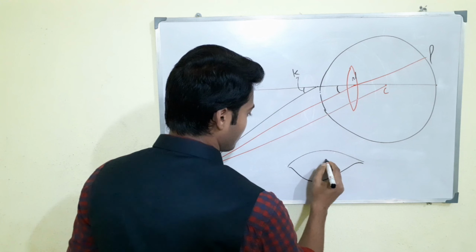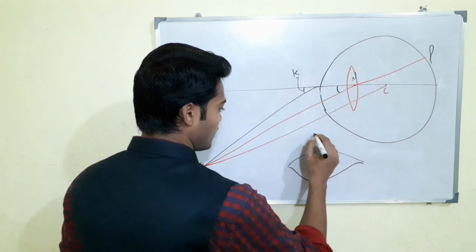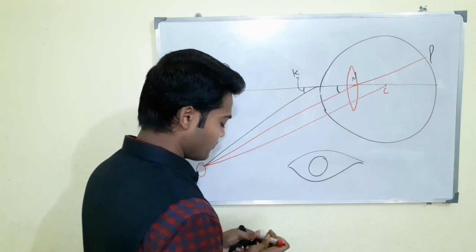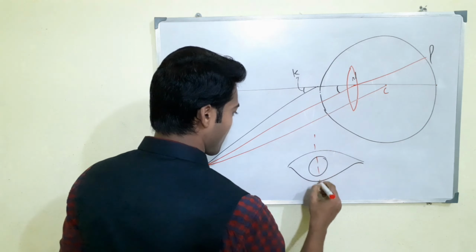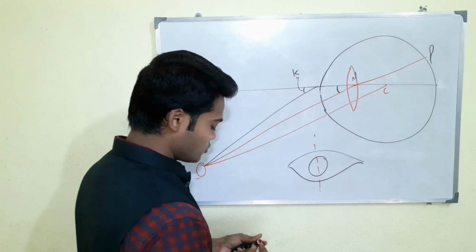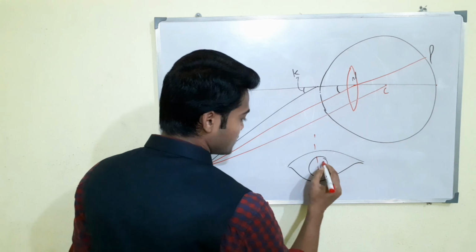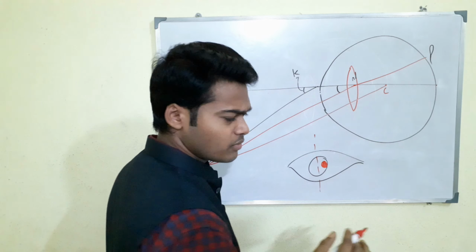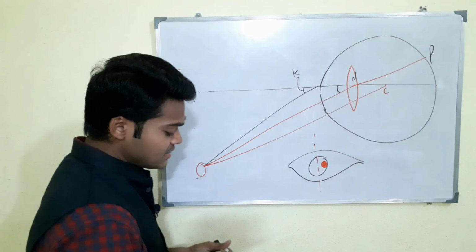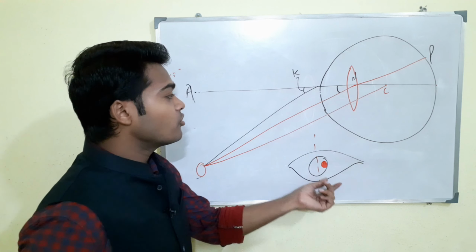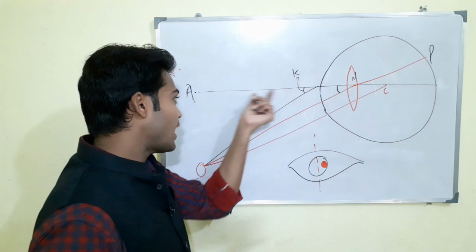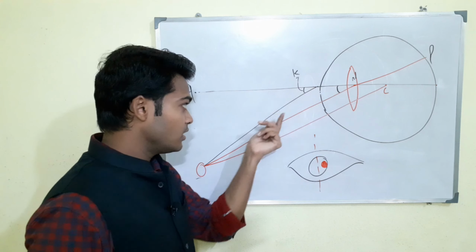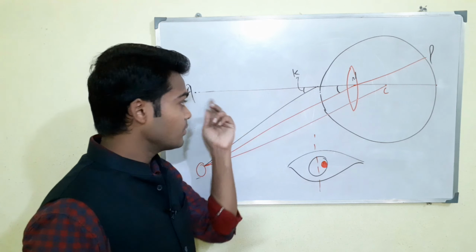Suppose this is the eye, and I divide this eye into two equal halves. Suppose this is the first Purkinje image. This image is responsible for defining the visual angle and optical axis, or this is the pupil axis, which forms angle kappa, AKON.